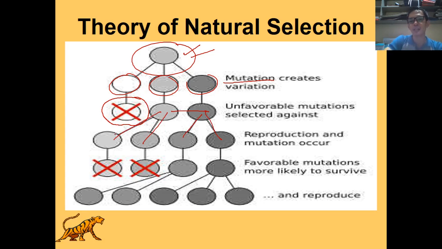So meaning to say that if you're an organism and you are able to survive those unfavorable conditions in the environment, then you have the chance of reproducing successfully. Now, reproduction will occur, then the mutations in this particular parent that we have right here will be passed on to their offspring.